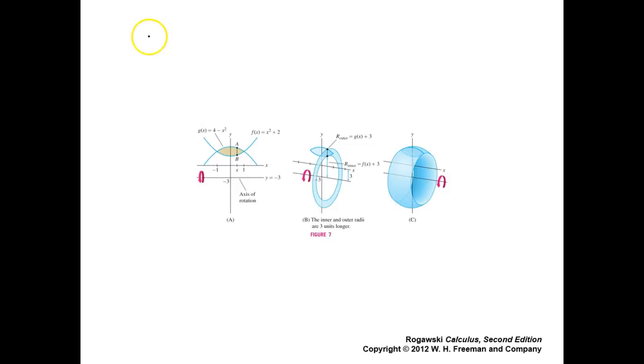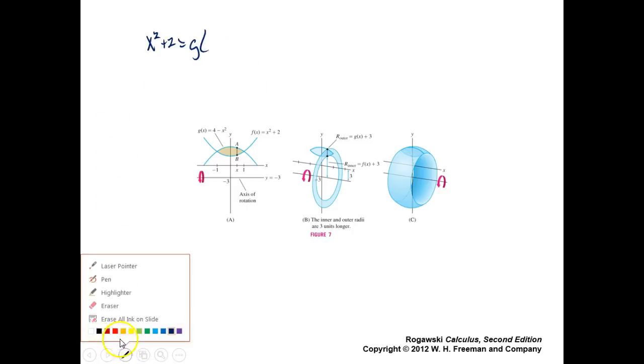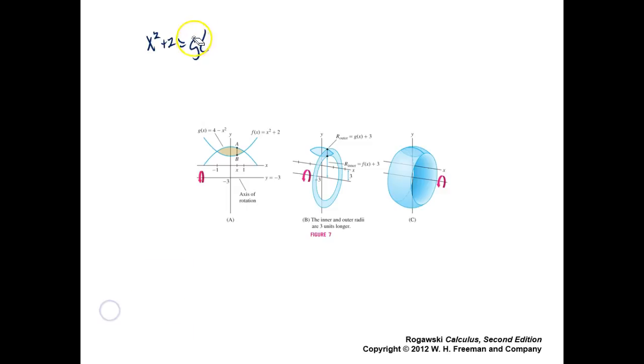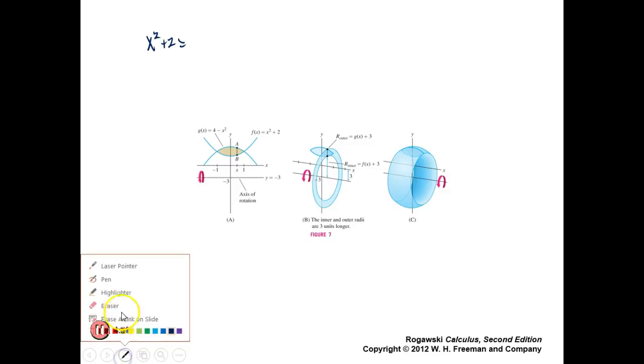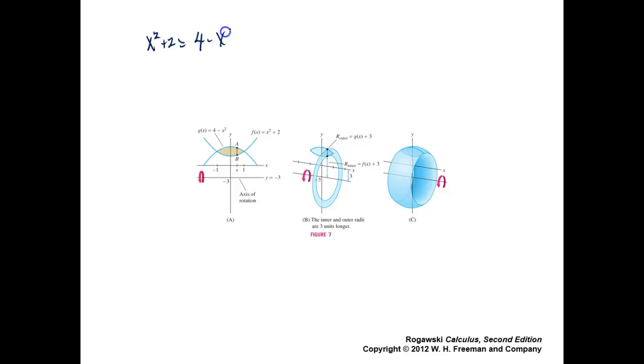I'm going to say f of x, x squared plus 2, is equal to g of x, which is 4 minus x squared. And you solve this for x. So what would you do?